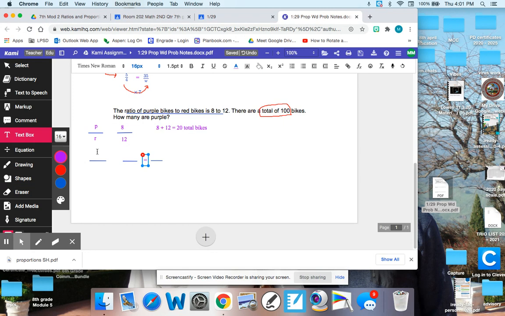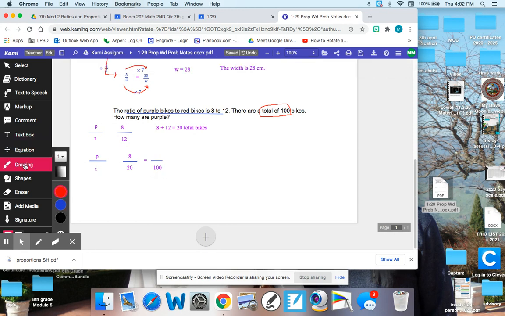And we want purple to total bikes, not just purple to red, but purple to total. So we know that we have 8 purple bikes, and we know that the total is going to be 20 bikes. So now if the store has 100 bikes, we need to find out how many of those are going to be purple. So I am going to put 100 here.